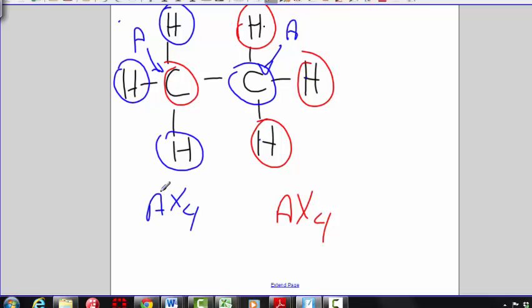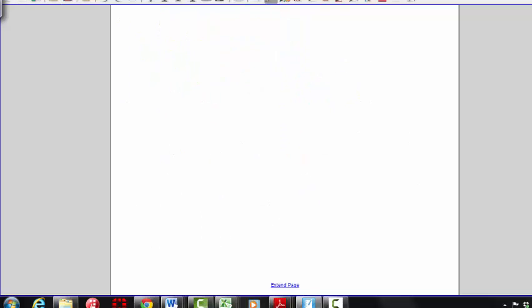Okay, now there's one other symbol. Suppose my molecule was ammonia, NH3. This is the Lewis dot for NH3.